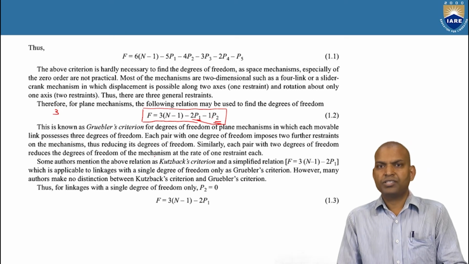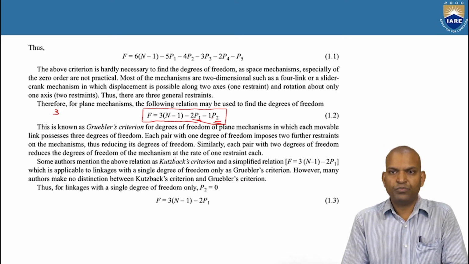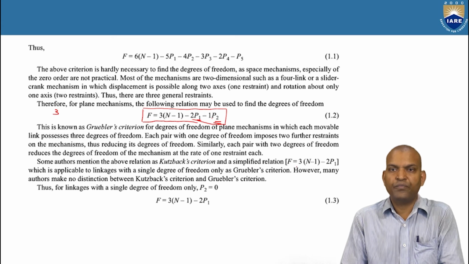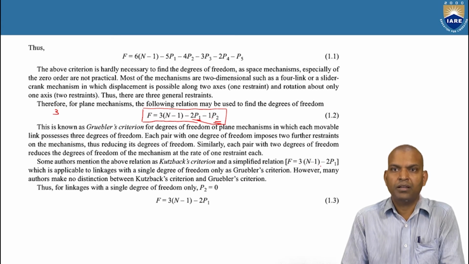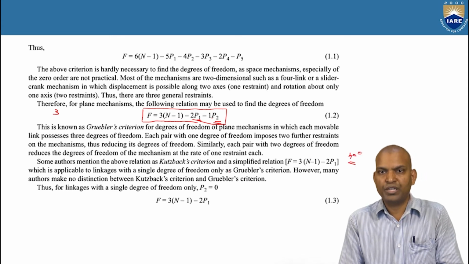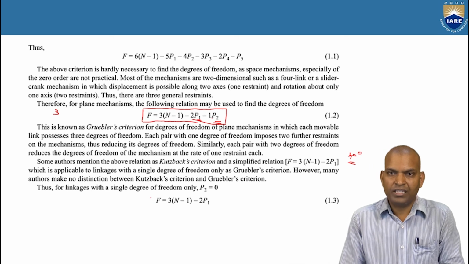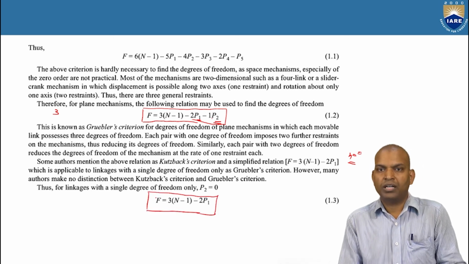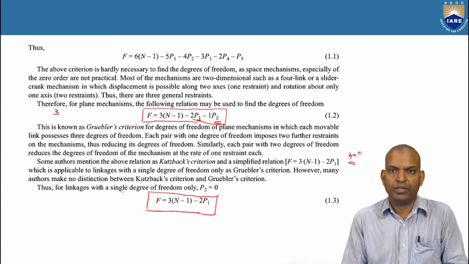This relation is also known as Kutzbach criterion and is further simplified into F = 3(n minus 1) minus 2p1. That means in the Kutzbach criterion the number of higher pairs is 0, that is p2 equal to 0. Then for a single degree of freedom, F = 3(n minus 1) minus 2p1.